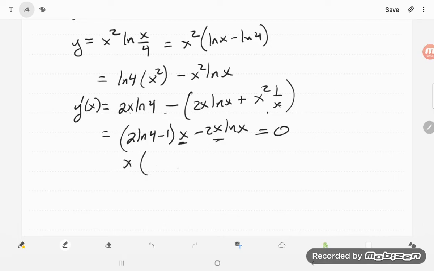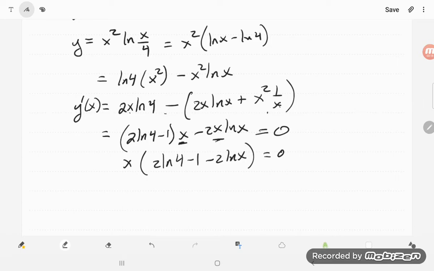So x times, and then what I have left is this 2 log 4 minus 1 and a minus 2 log x. And so I have that equals 0. Well, so I could let x equal 0.